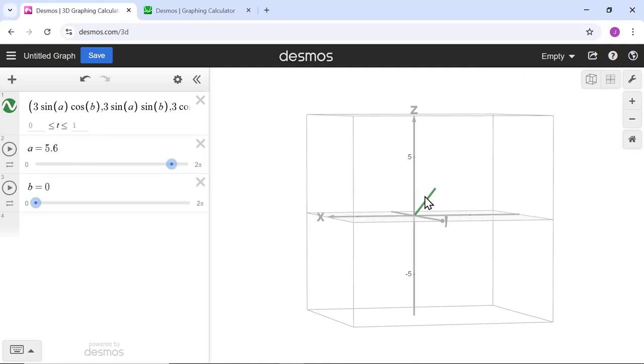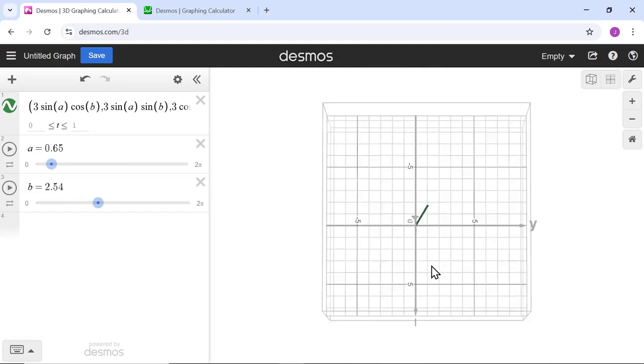But I could have just as easily, instead of using this phi that's beyond pi, used a smaller angle and then rotated it around utilizing theta. So if I wanted to be in this octant over here, I could have used a phi value from 0 to pi and then just arranged my theta.